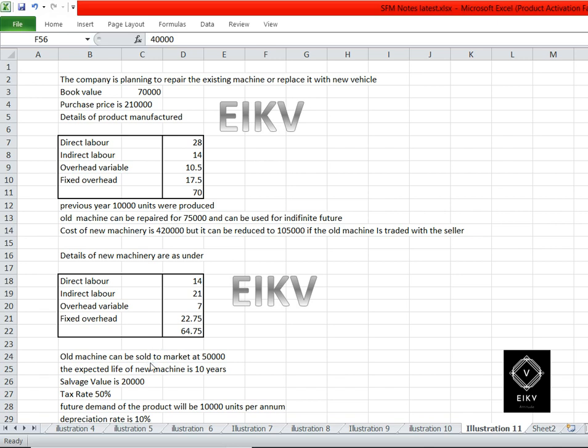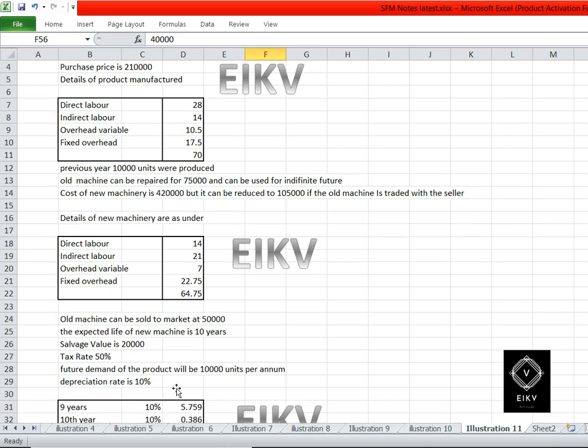The old machinery can be sold in the market for rupees 50,000, but in any case they won't do that, right? The expected life of the machinery is 10 years, salvage value is 20,000 and the tax rate is 50%. Future demand of the product will be stable at 10,000, and depreciation is 10%.